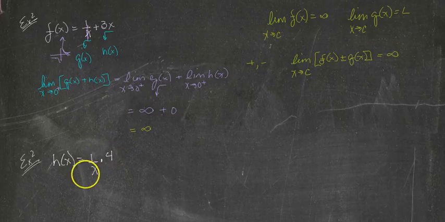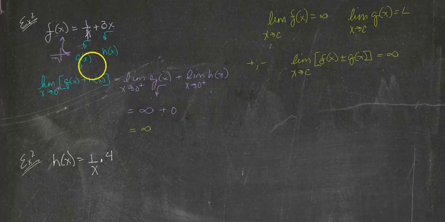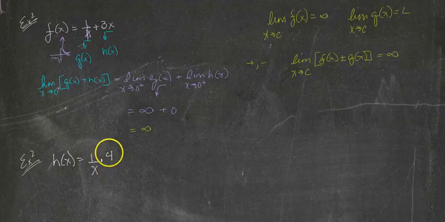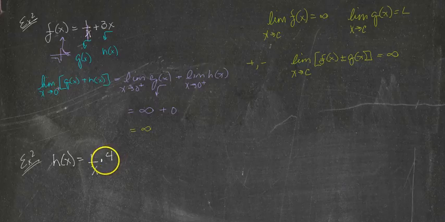So now you have f of x equals 1 over x, and we're going to keep f of x equaling infinity, right? We've already talked about that. 1 over x is infinity, and the limit as x values approach 0 of 4 is just 4 because that's a constant function.